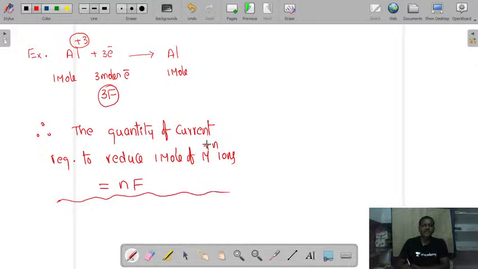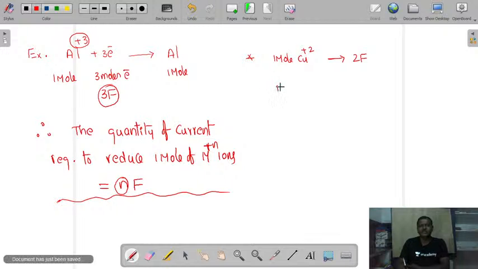So for any ion, to discharge 1 mole of ions, the quantity of current is equal to the charge present on the ion. Suppose to reduce 1 mole of Cu2+ ions, how many Faradays are required? That is equal to the charge present on the ion.